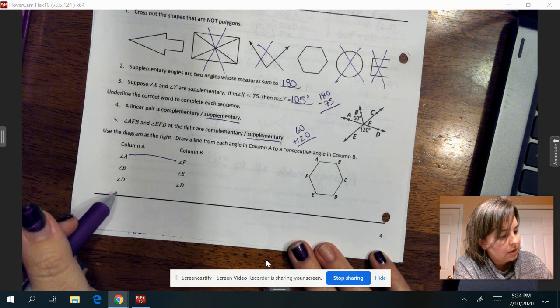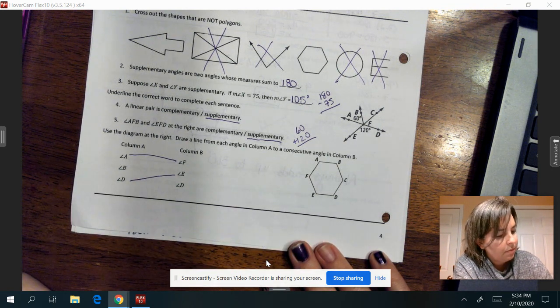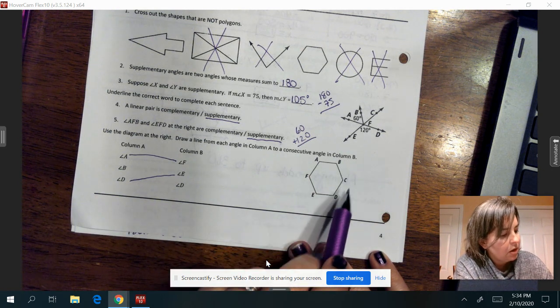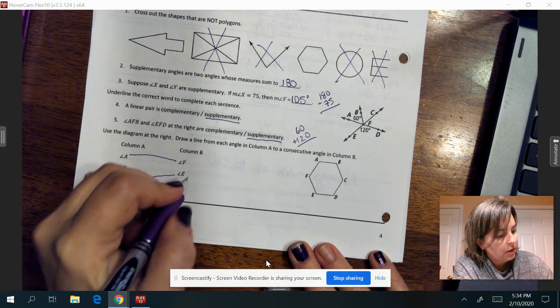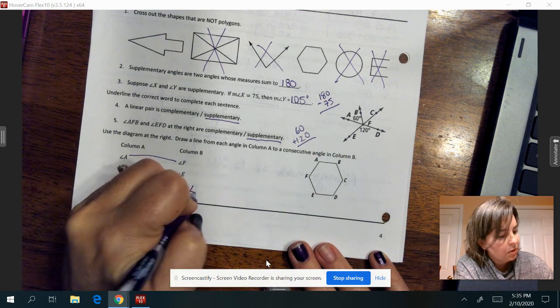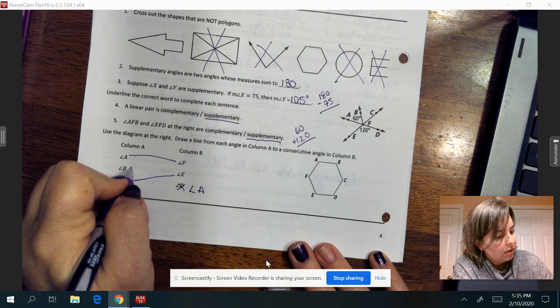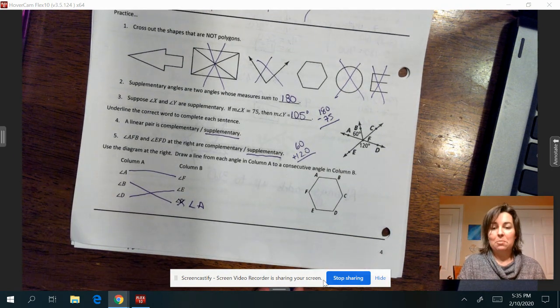Angle D is next to E and C. Let me do that. And then I don't know why I thought I had ones matching up with everything. So let's change this to angle D could be either angle C or angle A. So let's put angle C. No, we better not put C. Let's put A. Perfect. Now practice them on your own.